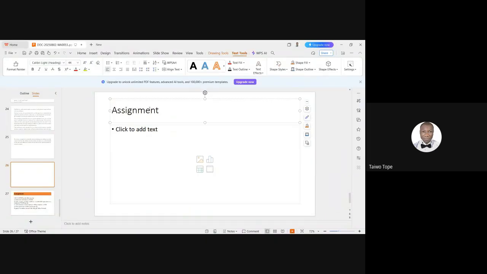Assignment 2, you can write: the management of Emmy Limited has agreed that its minimum cash balance should be 25,000 naira.